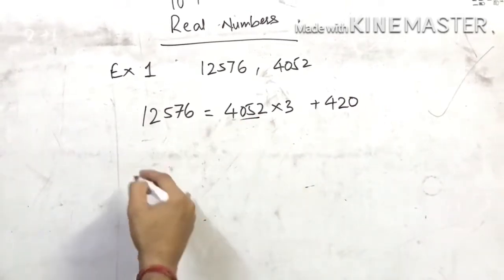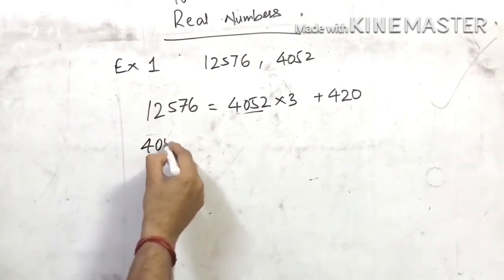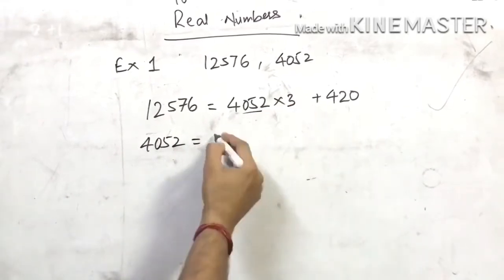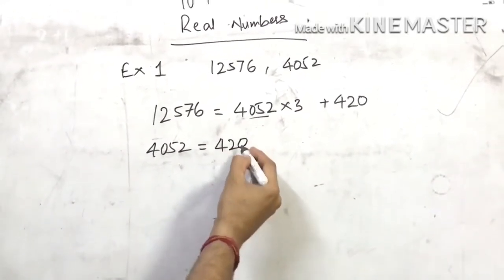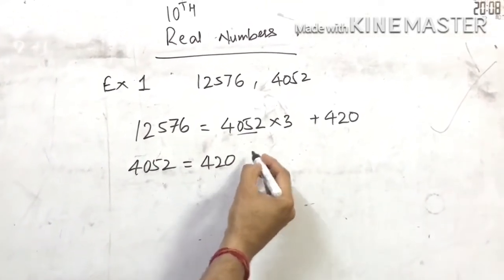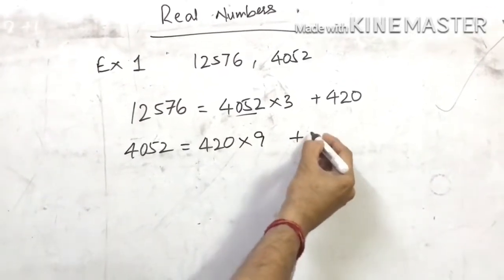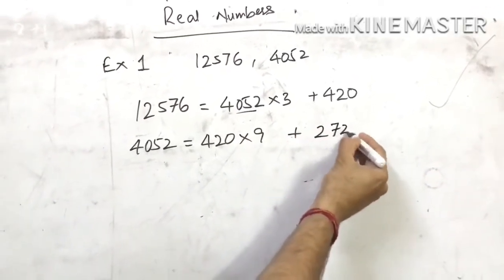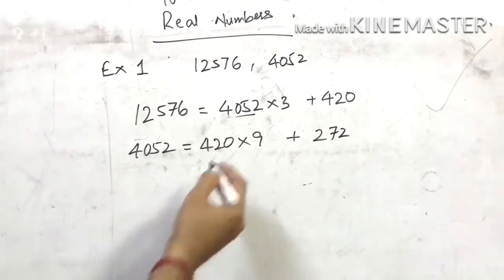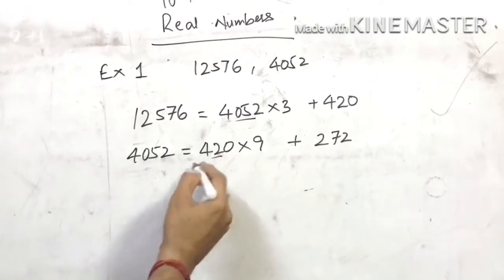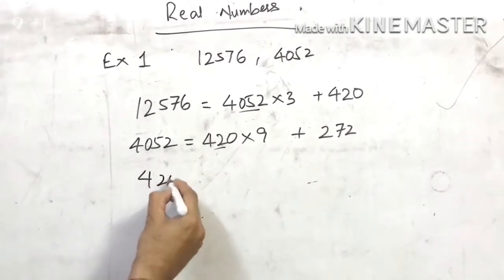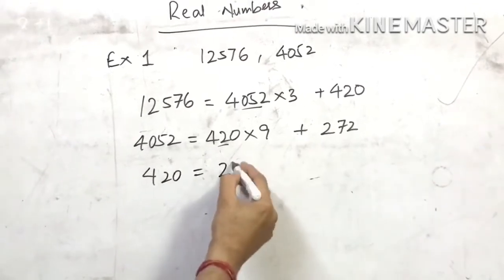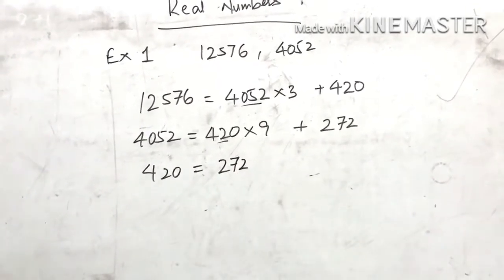Now you know this B will become A here in next line, and remainder will become divisor. By which number you will multiply this, and what remainder you will get, you can calculate. Again this 420 will bring here, this remainder will become your divisor.